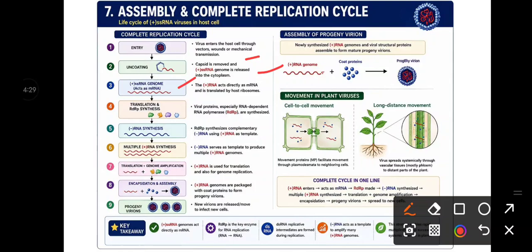It starts translation and produces some important proteins that are helpful for the replication, especially the RNA dependent RNA polymerase. Then with the help of RNA dependent RNA polymerase, the positive strand RNA will produce this intermediate, that antigenome will be produced.